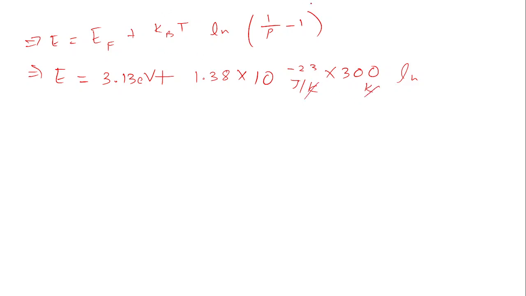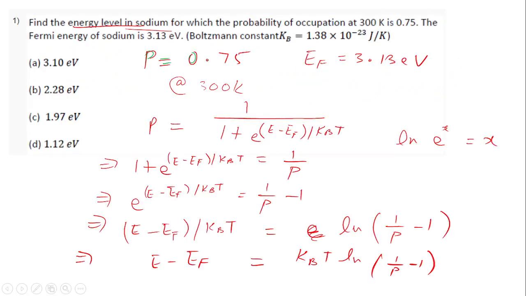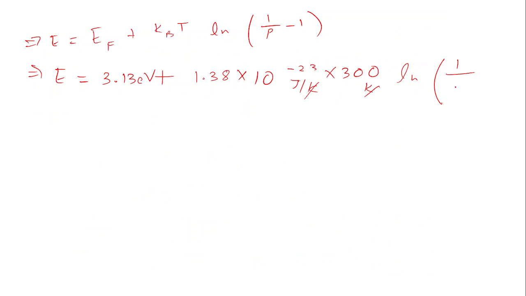Now this portion has units of joules, whereas this EF has units of electron volt. We need to make them the same for calculation properly, whereas meanwhile this will be 1 over P. P is 0.75 minus 1. First let's calculate. Okay, I need to convert this also.